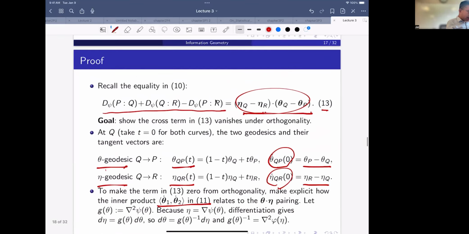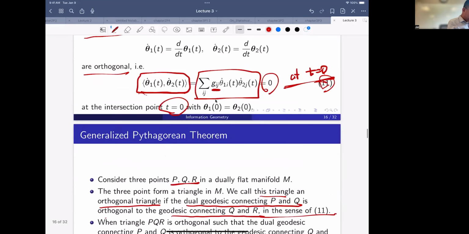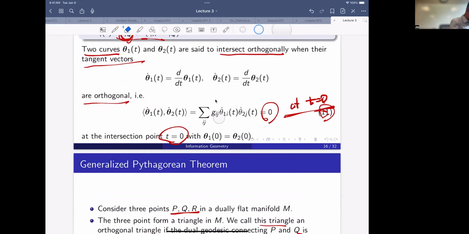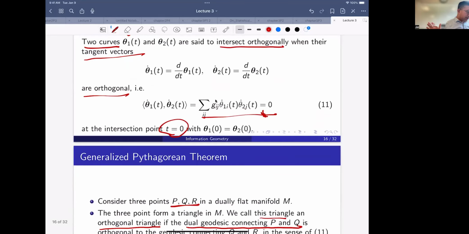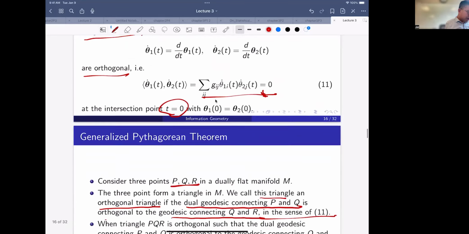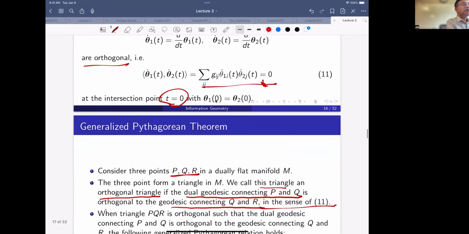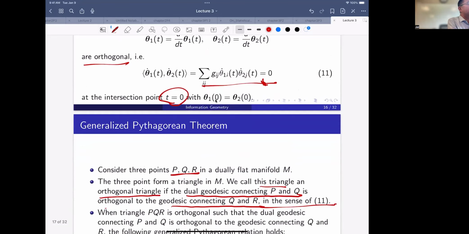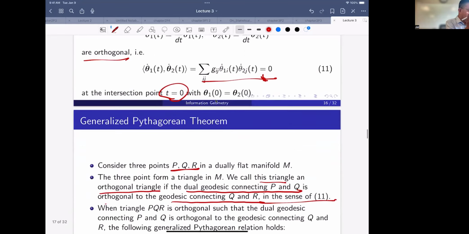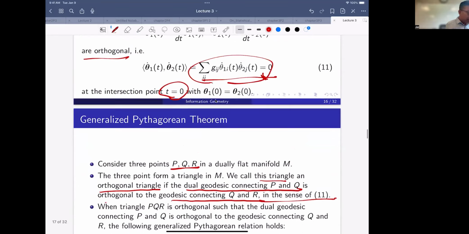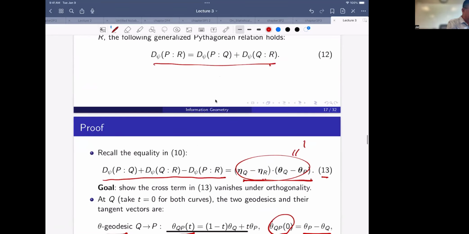So okay. So basically here, this is a goal, right? I mean, still this is the goal. This is what we want to show. Well, no, actually this is an assumption, because we want to assume orthogonality in the beginning, and then show that this orthogonality implies this guy is 0.